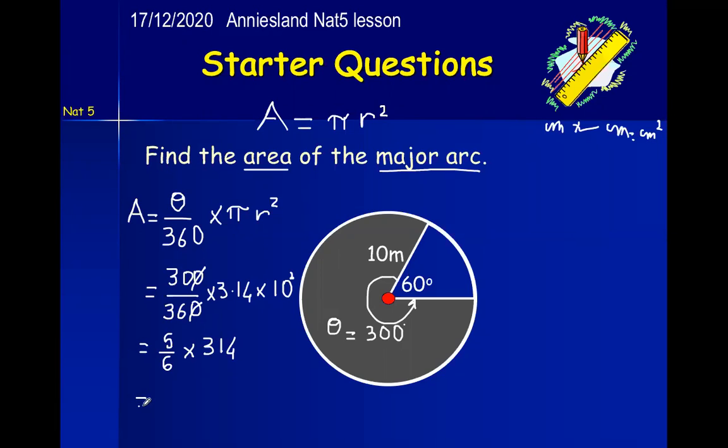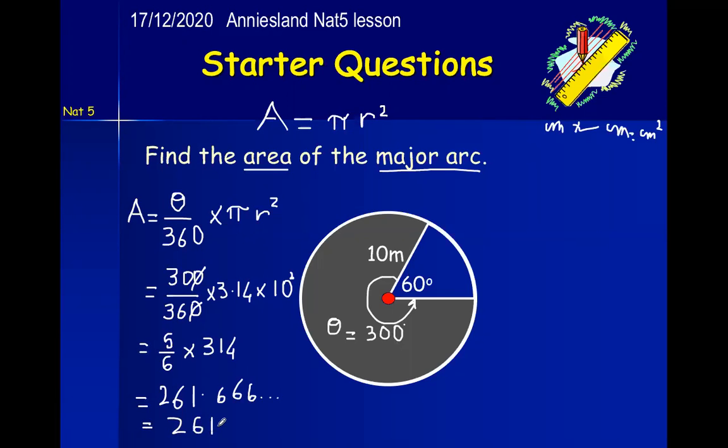So this is where you're going to write 261.666, and I put dot, dot, dot. Now you're going to decide. They've not told me what to do, so I can just say this is 261.7 if I want 1 decimal place.